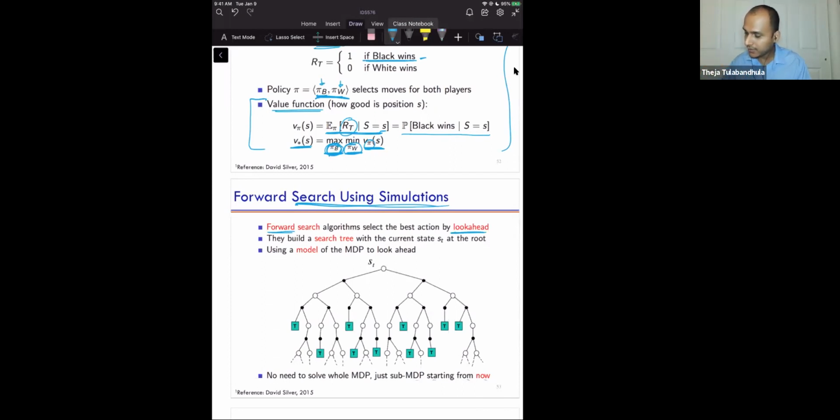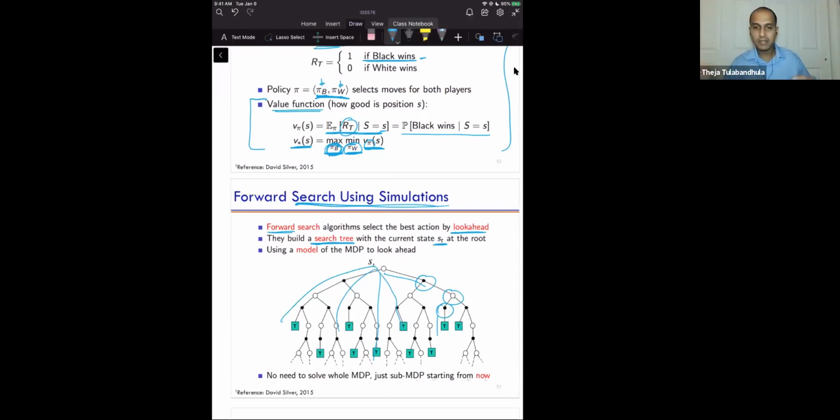So these are all the trajectories that can happen. I can do this, then the person is going to do that. I can do something else, the person is going to do that, and I win, let's say. Given all these trajectories, I can look at all these potential paths. That's essentially a search tree, a tree of all the things that can happen from now onwards, with the current state as the root.